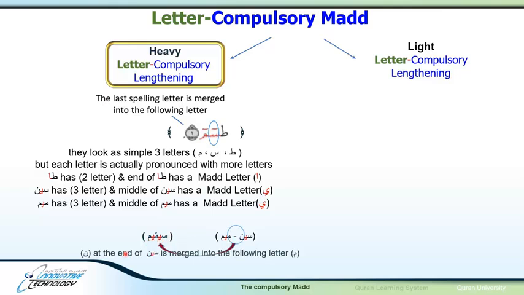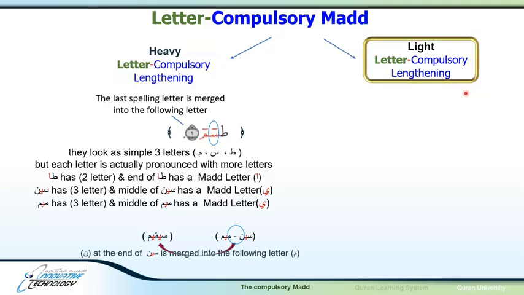The nun at the end of the sin is merged, is having idgham into the following letter, mim. This idgham makes this letter compulsory mad heavy. But if there is no idgham, then the lengthening, the mad would be of the light type.